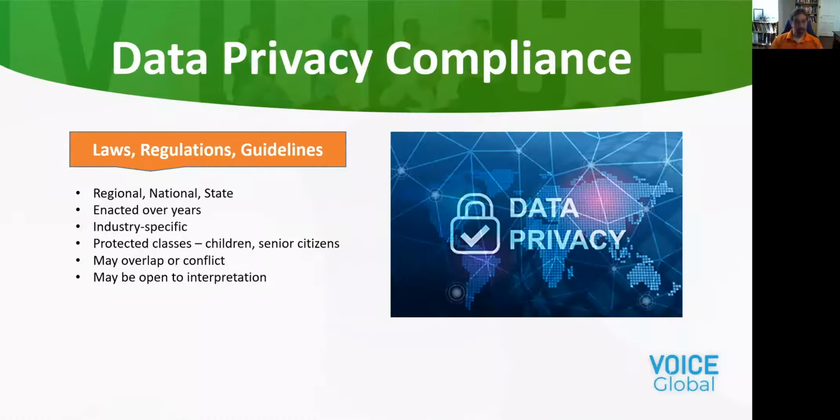So now we're getting into some regulatory compliance concerns. And the laws covering data privacy are different certainly between countries, between states in the US. In Europe, you have the General Data Protection Regulation, the GDPR.